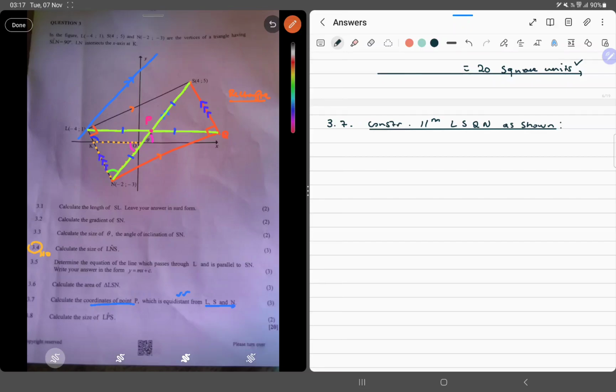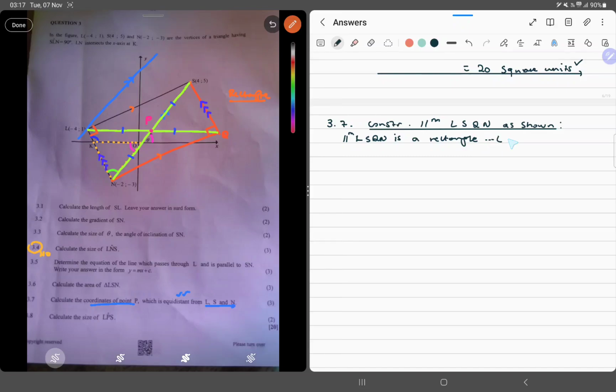now as we can see here, first of all, we can simply say, now we can see that essentially this parallelogram LSQN is a rectangle. Okay, why?